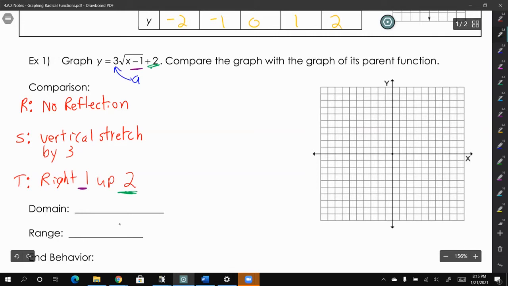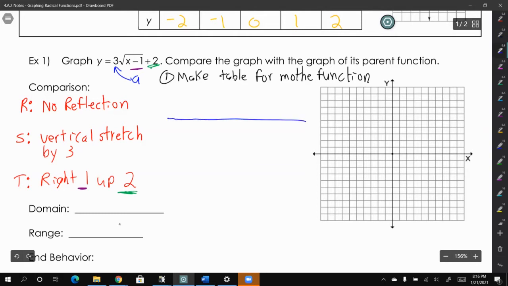So the first thing we're going to do is make a table for the mother function. I'm going to do that down here because I want to be able to write step 2 above this. So this is a square root function.